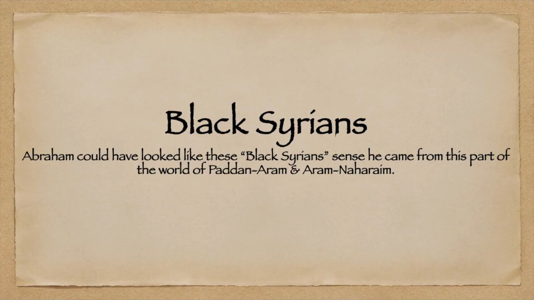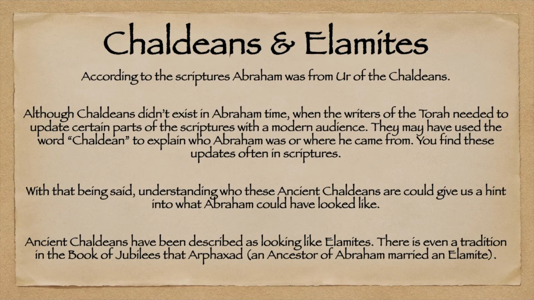So Abraham could have looked like these quote unquote black or brown Syrians, since he comes from that part of the world of Padan Aram and Aram Nahor. So, according to the scriptures, Abraham was from Ur of the Chaldeans.